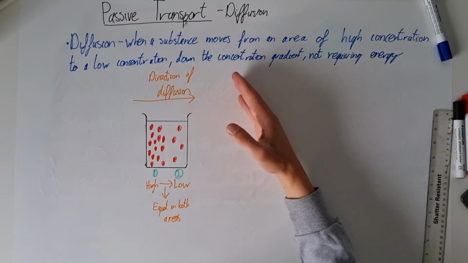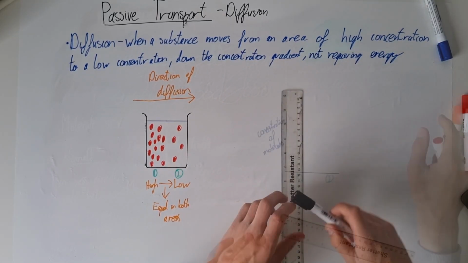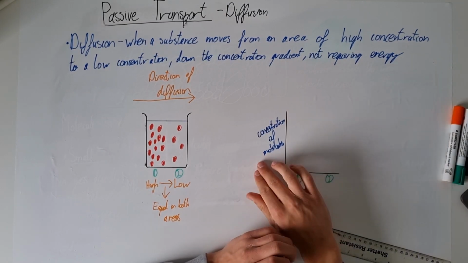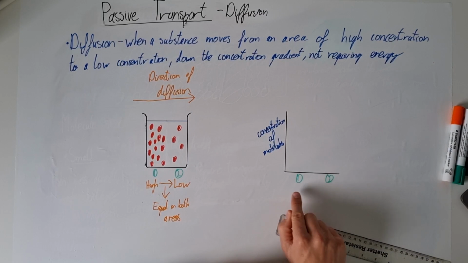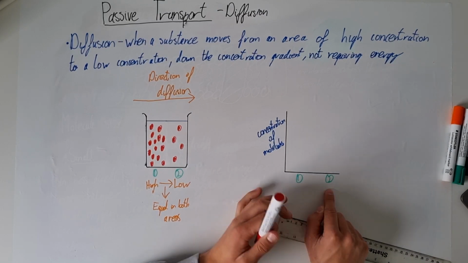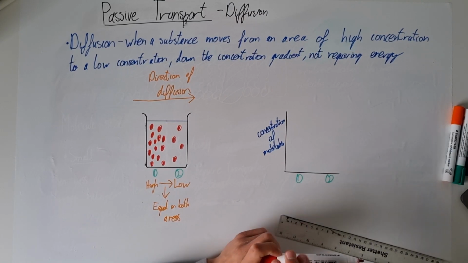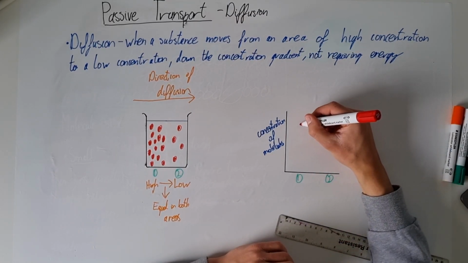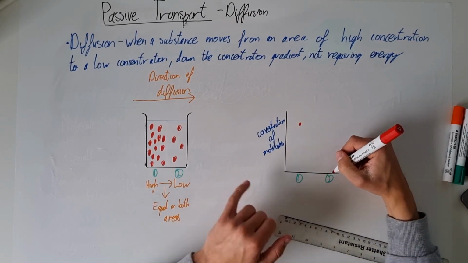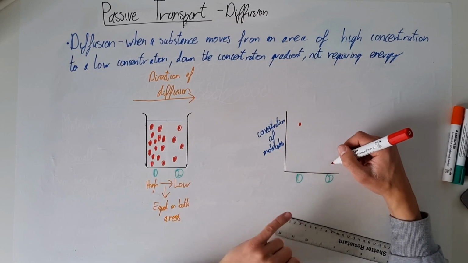So now if we explain this in terms of the concentration gradient, for this we need to draw a graph. On the y-axis we have concentration of molecules, and on the x-axis we just have area 1 and area 2. So now plotting the concentration onto the graph. Concentration of area 1 is going to be up here, and then the concentration of area 2, at the start anyway, before we remove the barrier, is going to be lower down here.